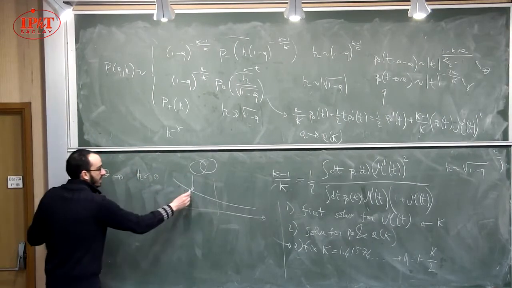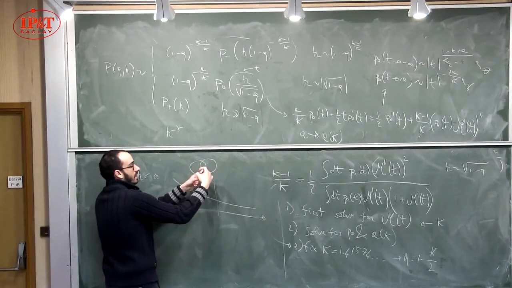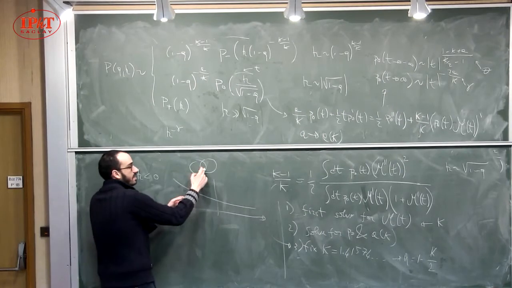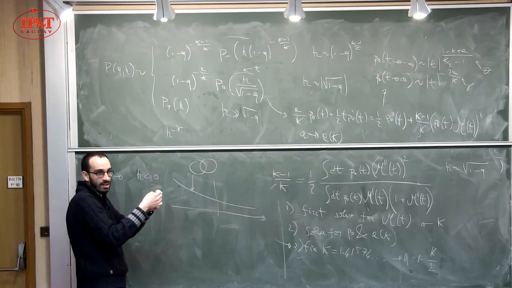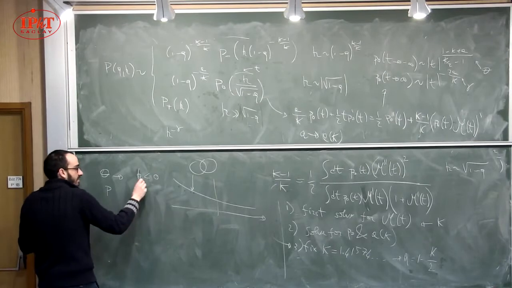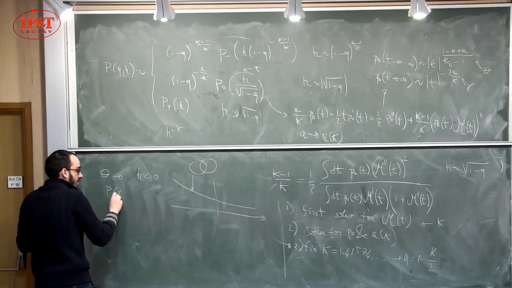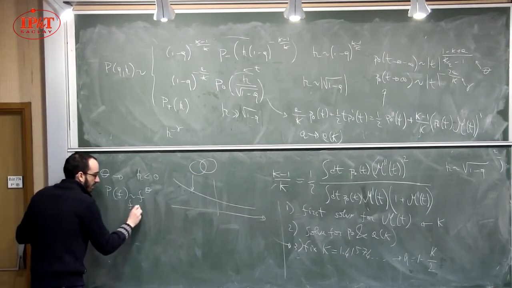We can look at the distribution of small h. This gives us the distribution of the overlaps, and of course this is connected to the forces experienced by the spheres. It turns out that these forces, which are just minus the gaps, behave like f to the theta, for f going to 0.